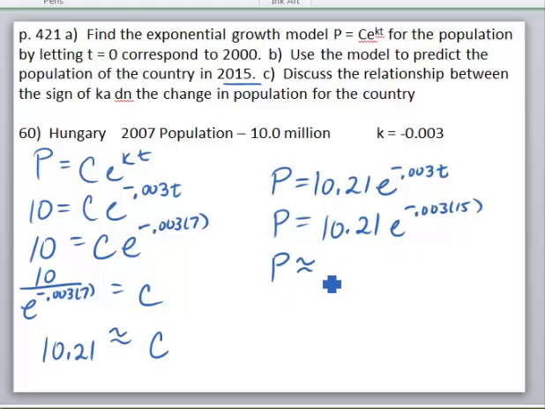So the population would be approximately 9.76 million. Now it says, discuss the relationship between the sign of K and the change in the population. Because K is negative, the population is going down. So you can see it was at 10 million and now it's at 9.